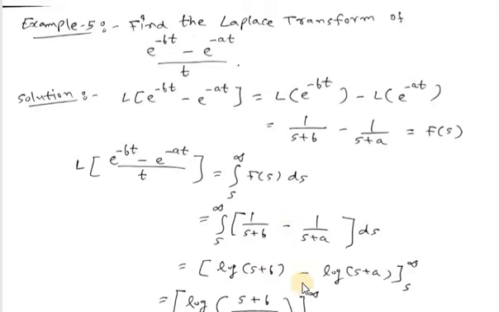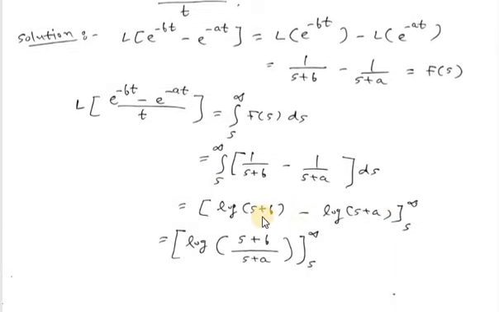Then after the minus sign, again the integration of 1 over s plus a, using the formula integration of f dash x over f x equals logarithm of f of x, will become logarithm of s plus a, and the limit is from s to infinity. Now we will apply the property of logarithm, that is logarithm of x minus logarithm of y is equal to logarithm of x by y.